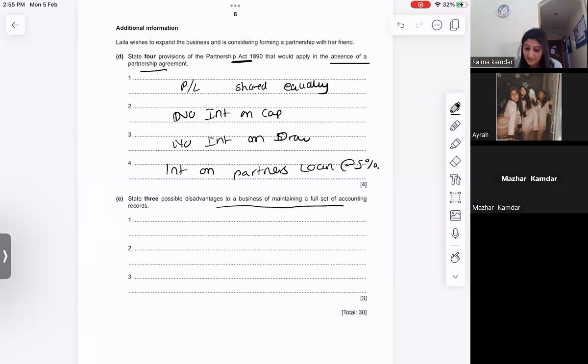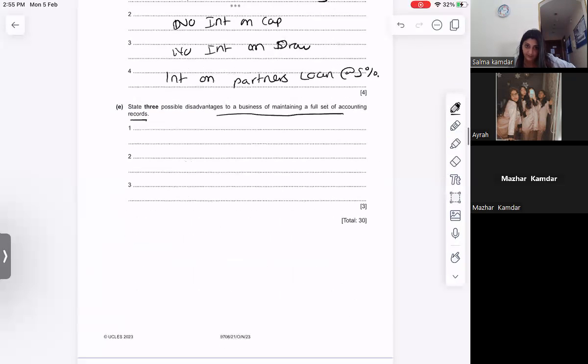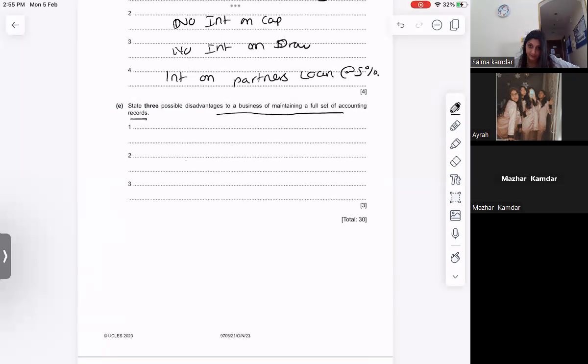Disadvantages of maintaining a full set of accounting records. Costly. You may have to employ someone. Owner may not have knowledge and experience to make it.